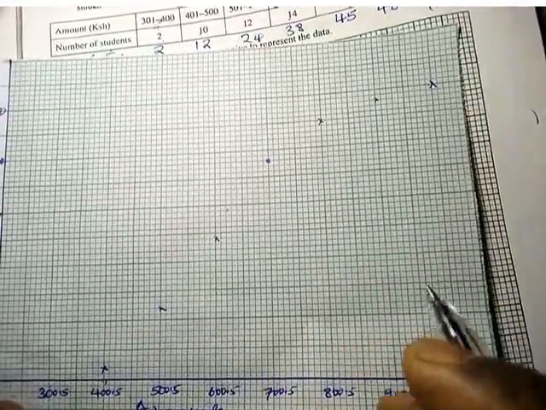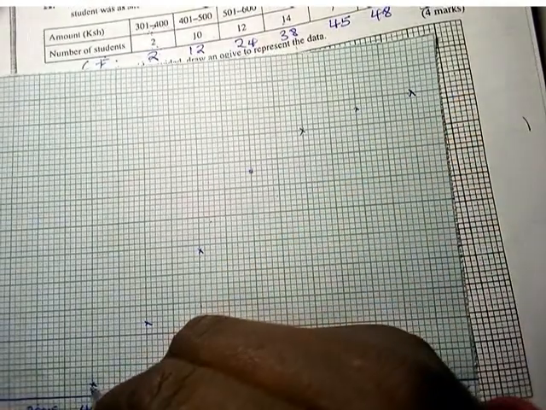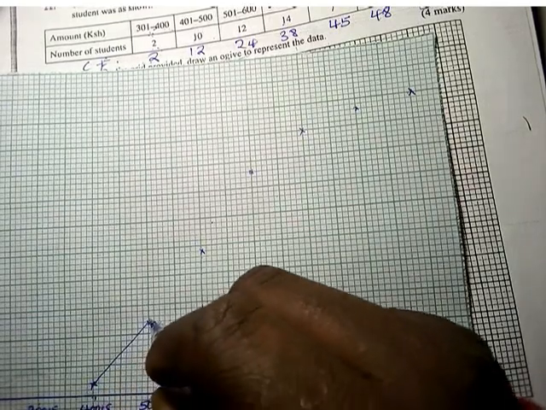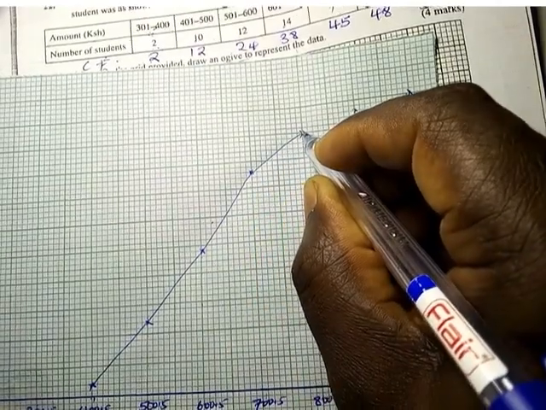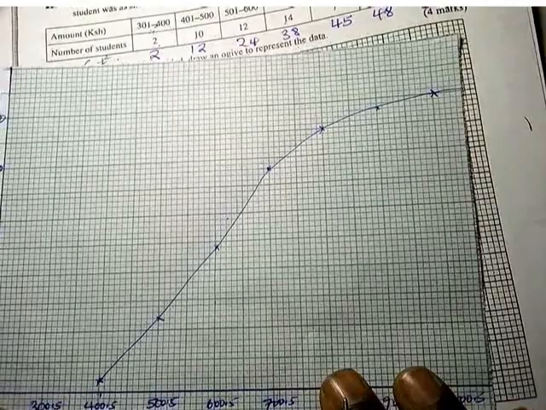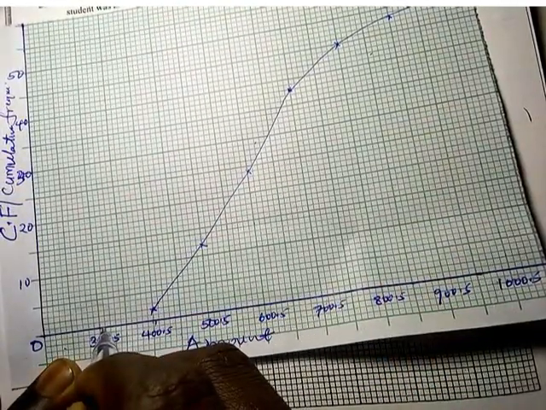Now you draw a smooth curve from here, a smooth curve. Then now you will join this one from here.